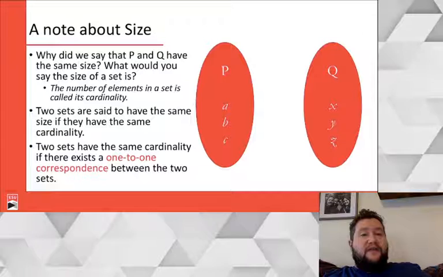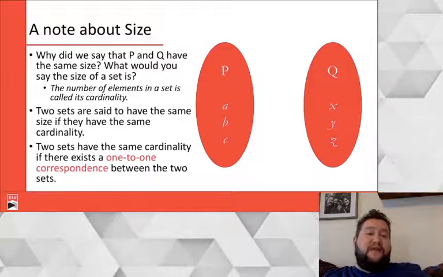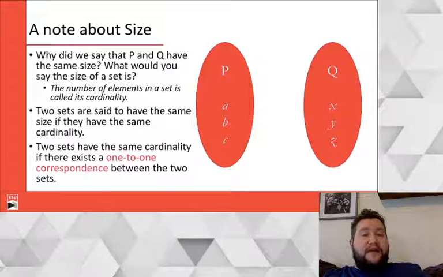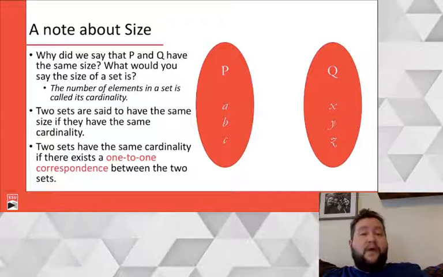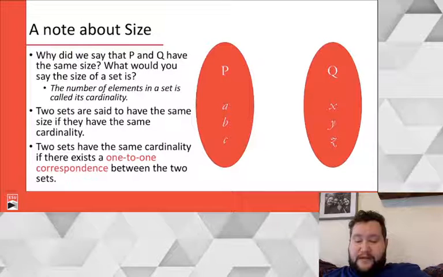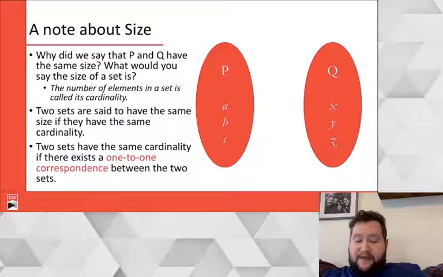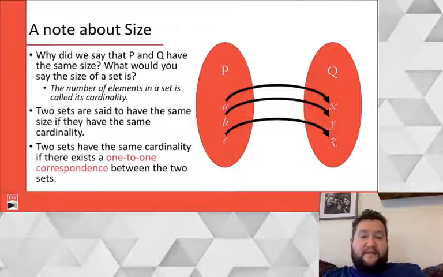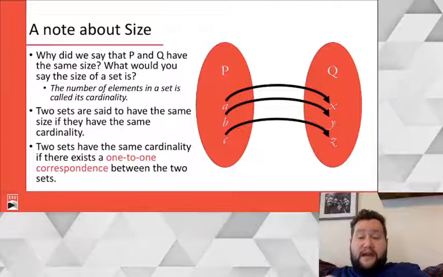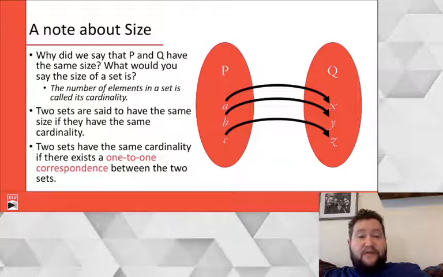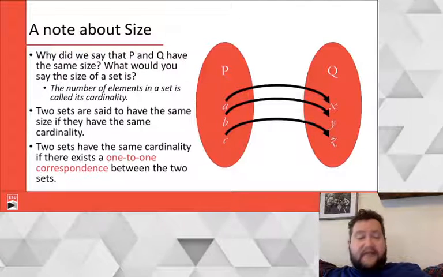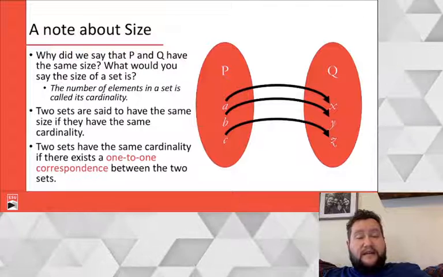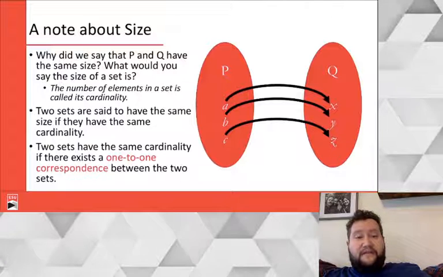And so we can also say, and this was my arrows, two sets have the same cardinality if there exists a one-to-one correspondence between them. So that means every A goes to X, every B goes to Y, and every C goes to some Z, and only one, and everything in Q is accounted for, nothing left over, and everything in P is accounted for with nothing left over and nothing double counted.